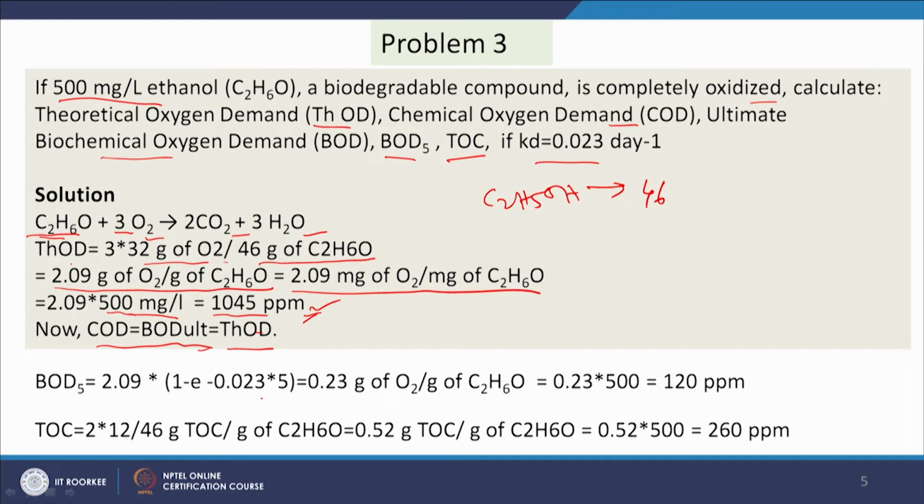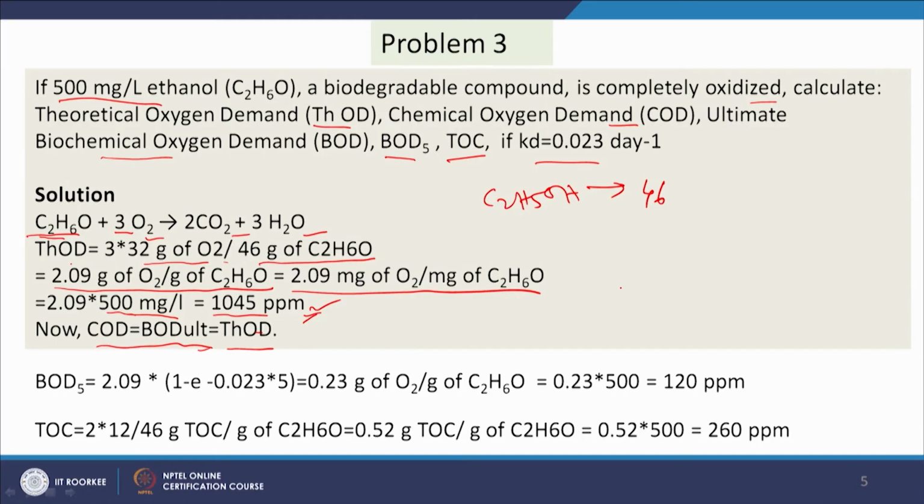If we want to calculate BOD 5, we have one formula: BOD at any time T is equal to ultimate BOD, LU, into 1 minus e to the power minus k T, that we have discussed in our previous class, or we will discuss later also.